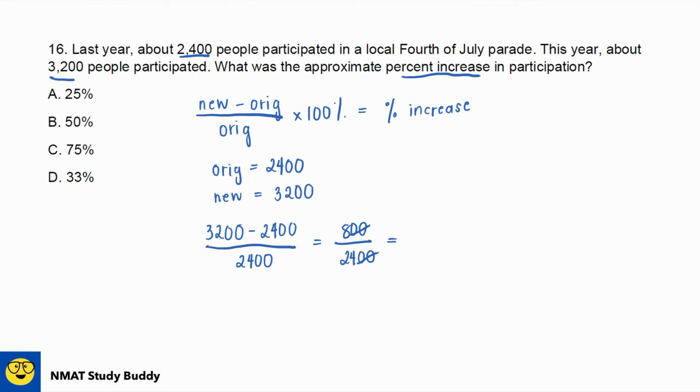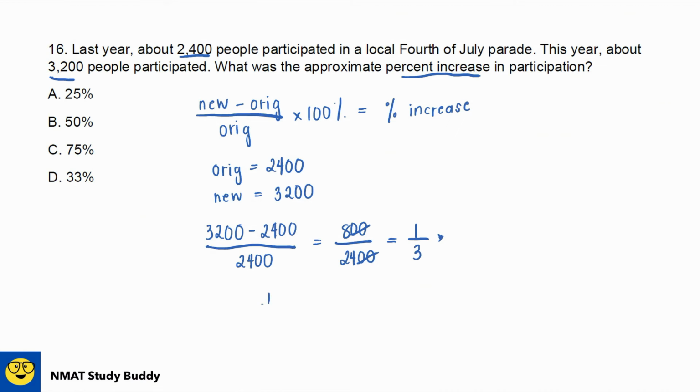So, we're left with 8 over 24. Kapag sinimplify natin into lowest terms, pag dinivide natin both numerator and denominator by 8, so 8 divided by 8 is 1, 24 divided by 8 is 3. So, meron kang 1/3.